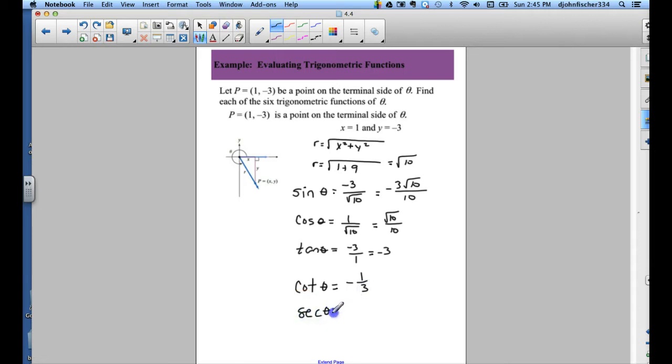Secant is the reciprocal of cosine, so it's square root of 10. And cosecant is the reciprocal of sine, which is negative square root of 10 over 3. So we can find our six trig functions this way. But I want you to understand that this is an angle from here all the way through. It's not like a small angle or anything. It's just all the way around there.